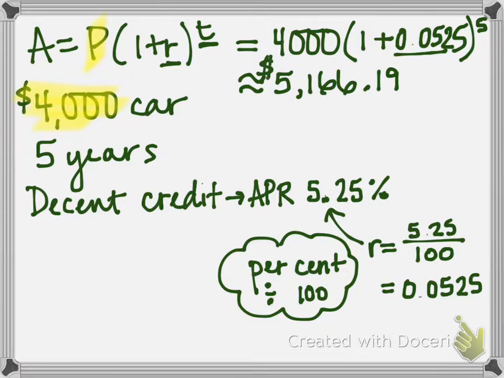So for my $4,000 car, I have to pay over $5,000 because I decided to borrow the full $4,000, which is crazy. This is how much I have to pay them over 5 years. That's crazy talk. So $5,166.19 over the 5 years.